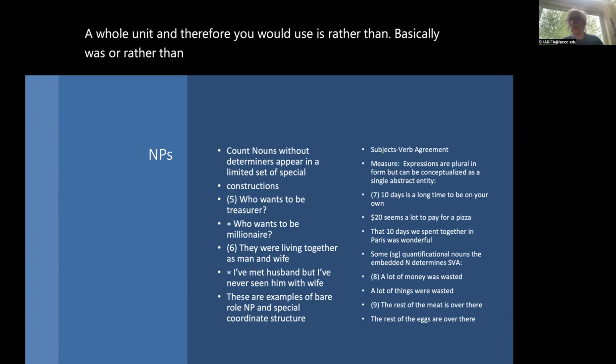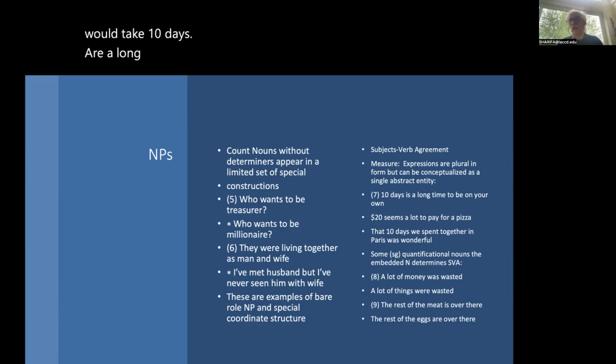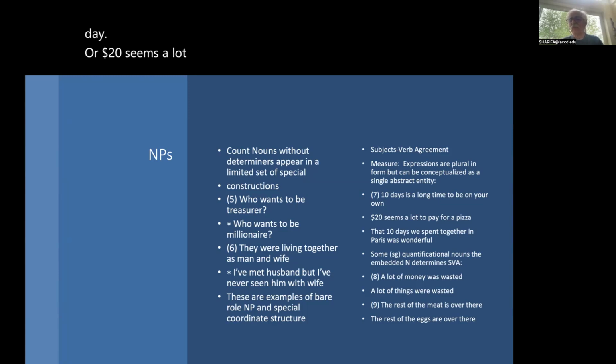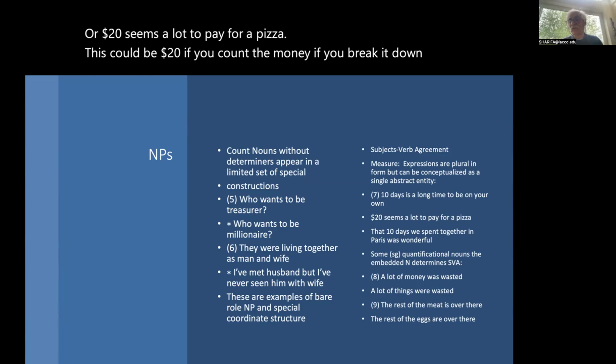But if you break it down into subunits, you would say 10 days are a long time. This is subdividing the 10 days into every day. Or $20 seems a lot to pay for a pizza. No, this could be, $20. If you count the money, if you break it down, it would take a plural verb.